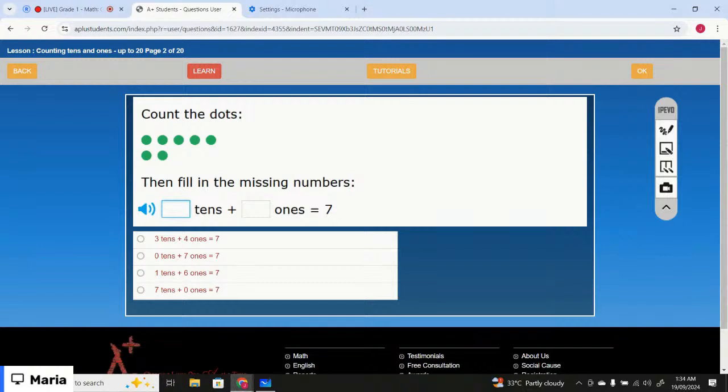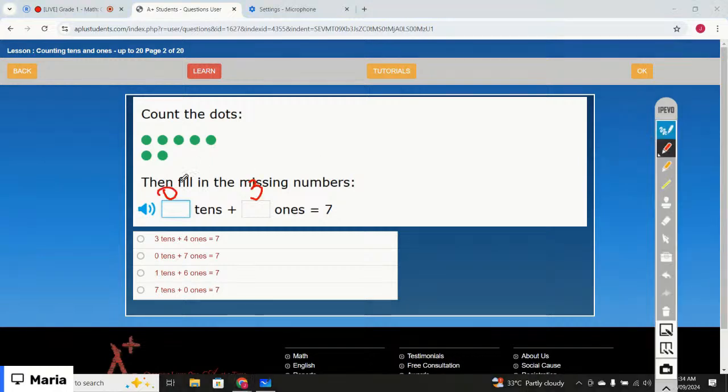Count the dots. So how many dots do we have? Let's just count, right? You have 1, 2, 3, 4, 5, 6, 7. You have only 7 dots. That means you have 7 ones, no tens, so 0 tens and 7 ones.